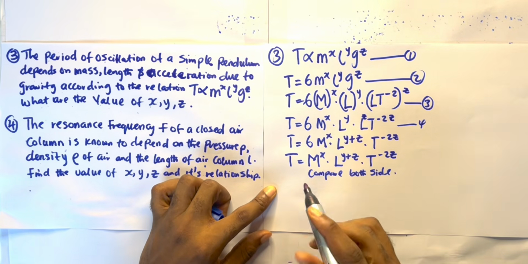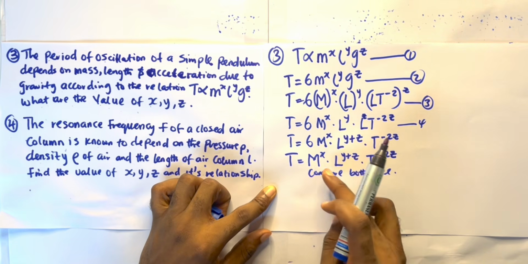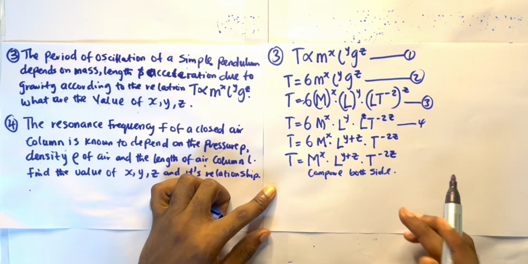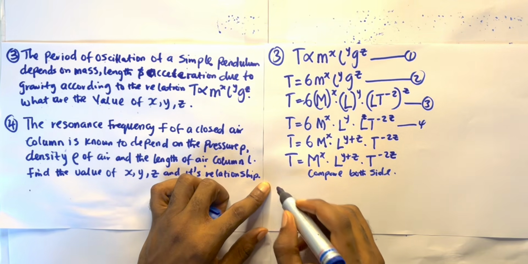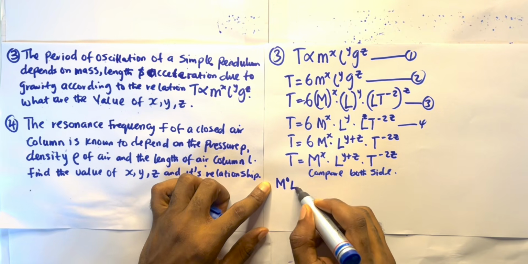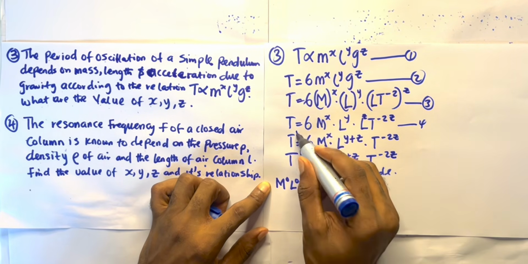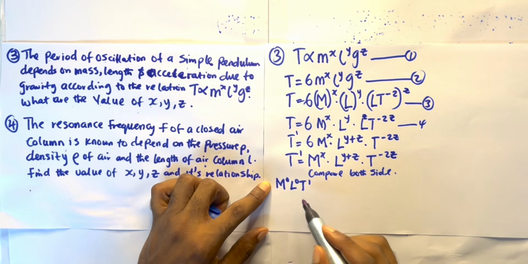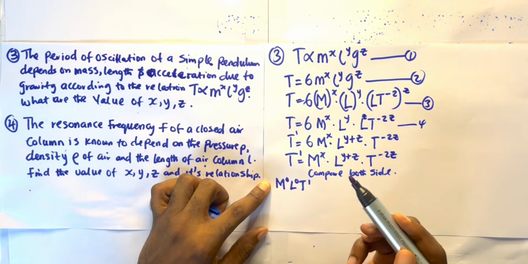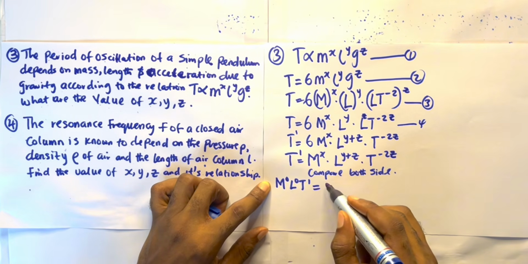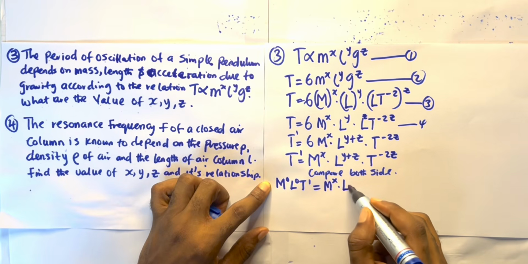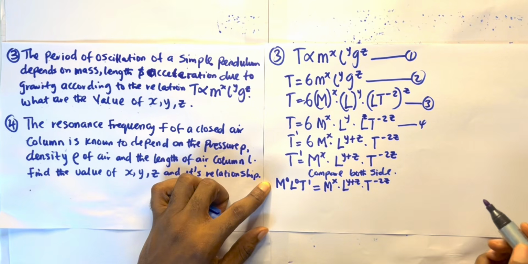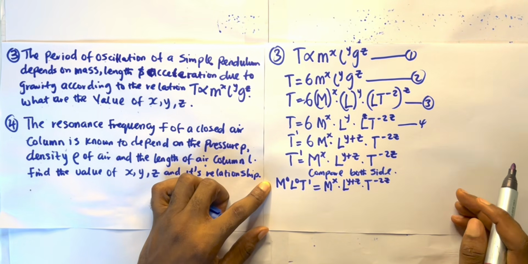Note that if you don't have a quantity that has the value of M, L, or T, just like here, we have period, which is T, what are you going to do? You use your indices sense, where we say M^0 L^0 T^1. Recall that anything raised to power 0 is 1. So M^0 L^0 T^1 is the same thing as saying T. I believe you understand that. So therefore, I'll have M^x dot L^(y+z) dot T^-2z. So from here, I'll be comparing both sides.